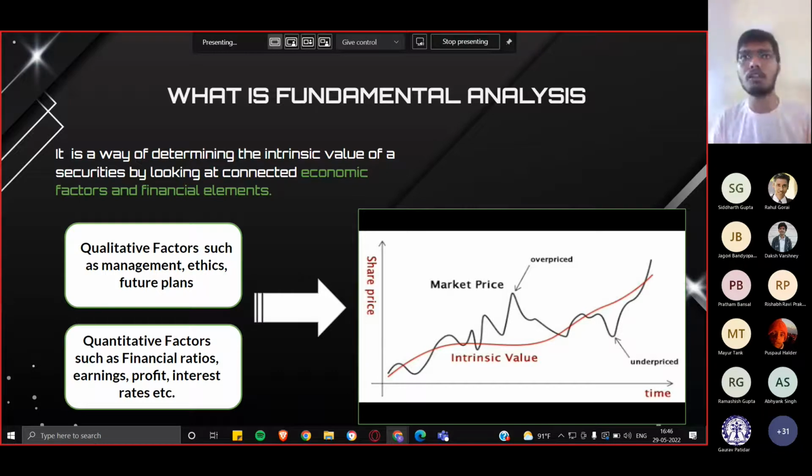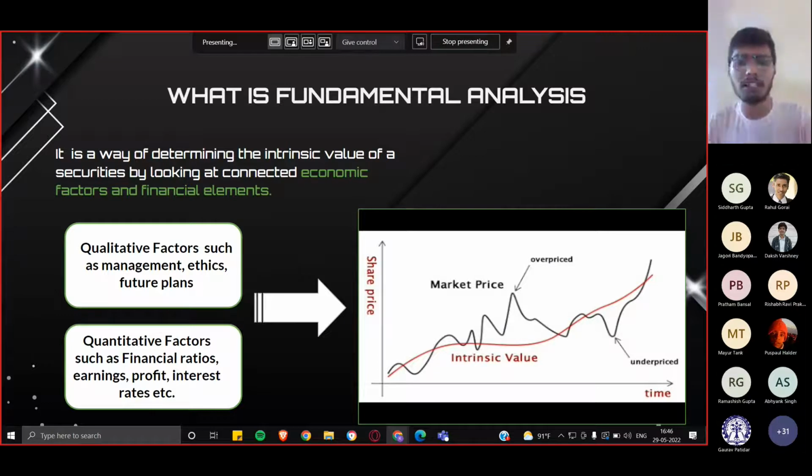So what is intrinsic value? Intrinsic value is basically the real value of the company, considering all its assets, and we compare that intrinsic value with the market price. Why are we comparing? Say the intrinsic value of one share of a company is 50 rupees, and the current market price is 45 rupees. So you're getting something which is worth 50 rupees at 45 rupees, right?